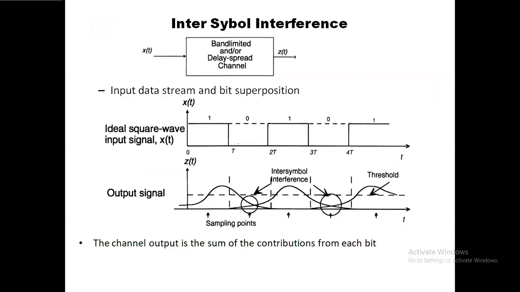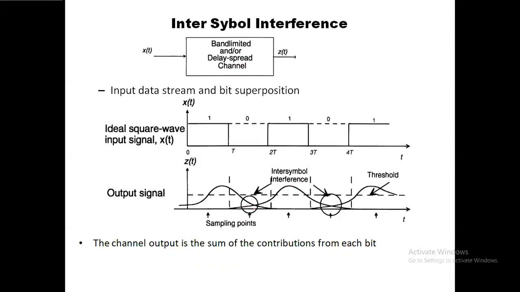So as a result, if the input is a square wave, then the output of the channel, which is band limited, has spreading in time, and the energy of one symbol mixes up with the energy of another symbol.